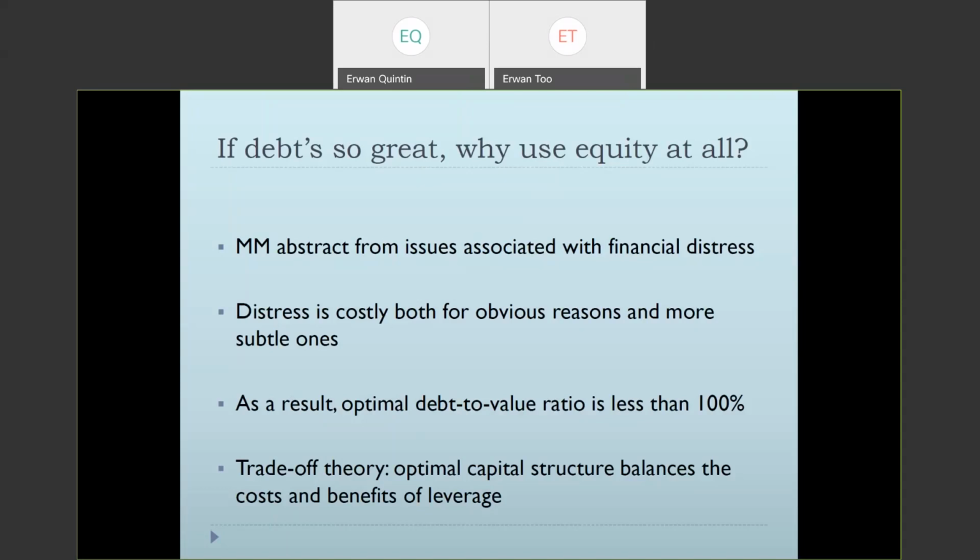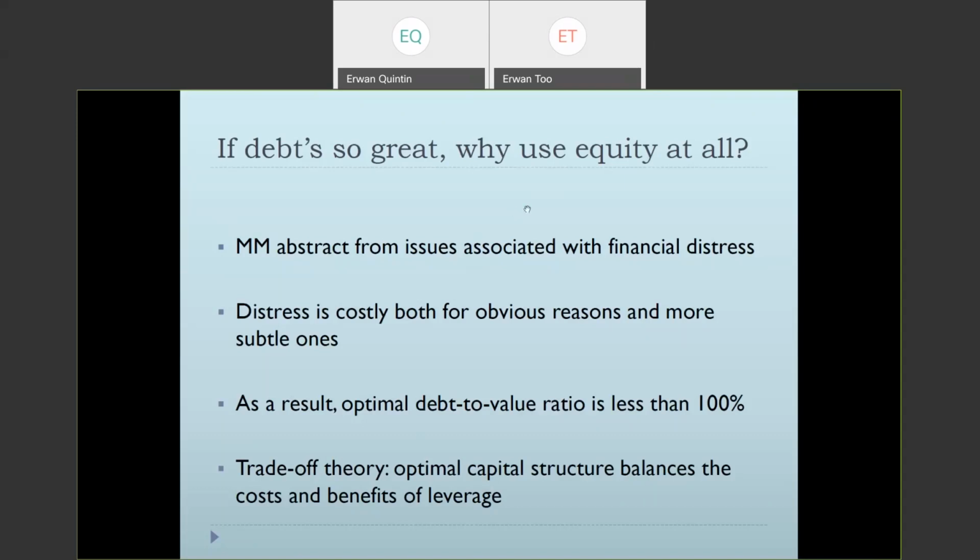As you take on more debt, you're going to increase the risk of bankruptcy. You're going to increase the risk that the corporation is not going to be able to meet its debt payments. And when that happens, all kinds of bad things are going to happen. And as a result, the optimal debt to value ratio is going to be less than 100%.